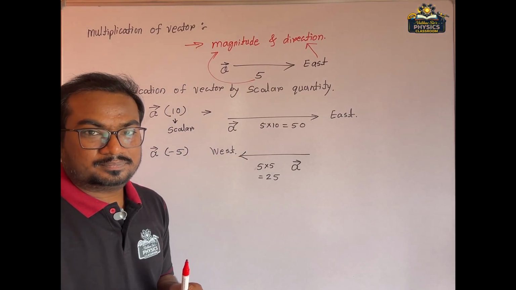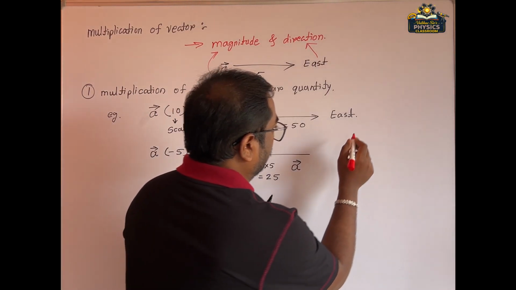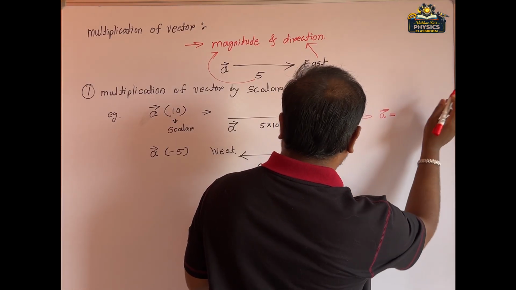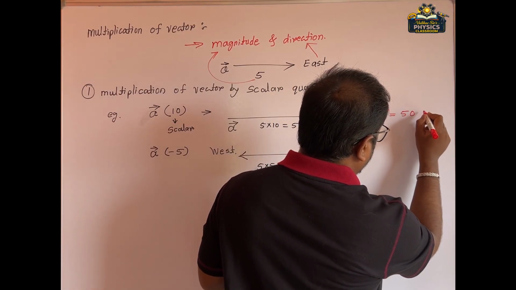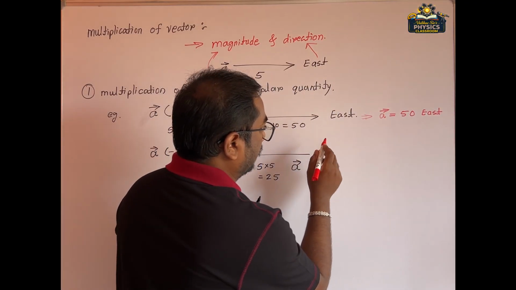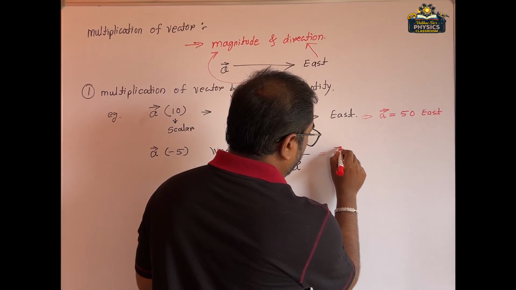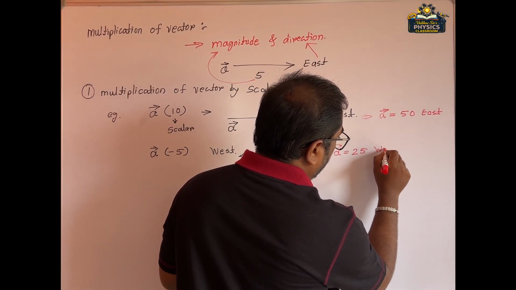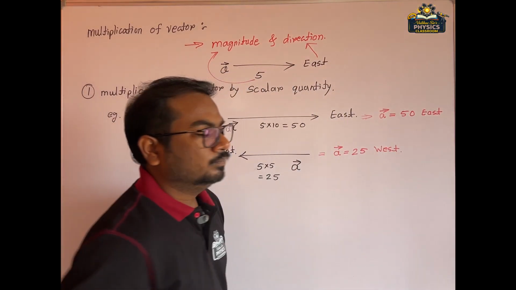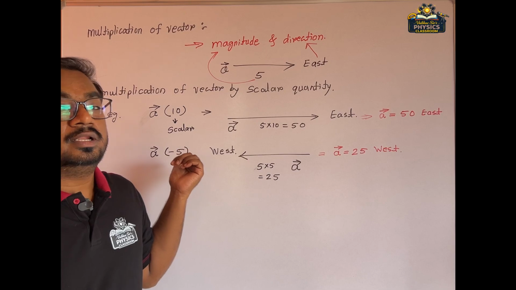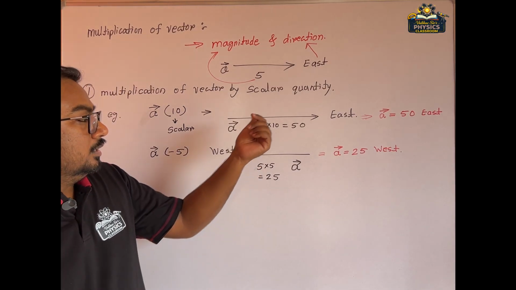So vector a will be 50 magnitude in the east direction, and here vector a will be 25 magnitude in the west direction, because we multiplied this vector with a negative scalar quantity, so the direction of the vector gets reversed.